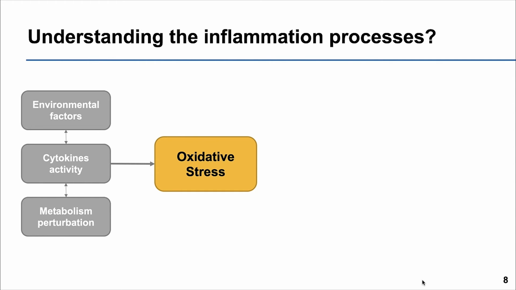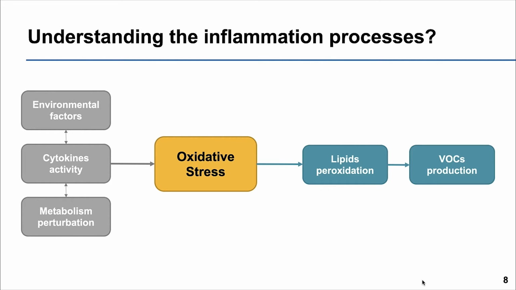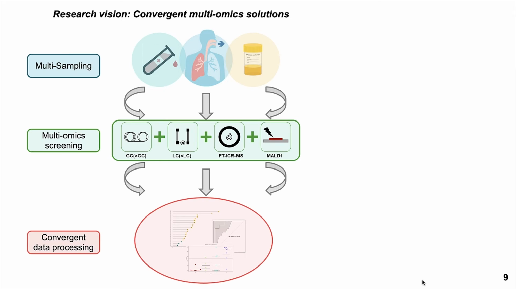Of course, we know which factors will trigger oxidative stress in the lung because it's been studied for years, and we know that it will affect the lipids and produce VOCs, but there is no real identified pathway to say, okay, this lipid follows this metabolic pathway to generate this VOC.